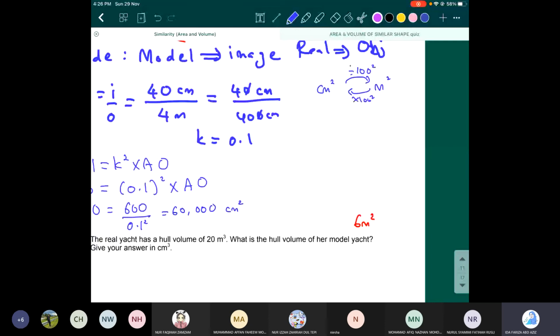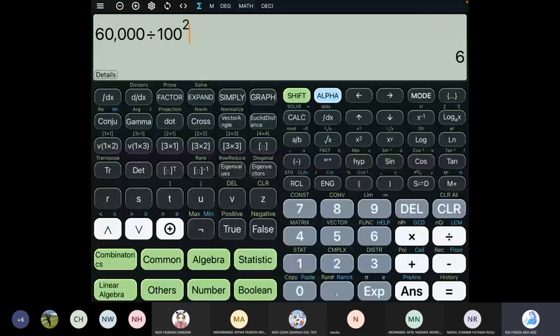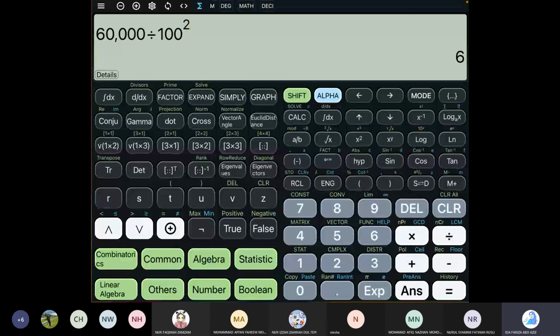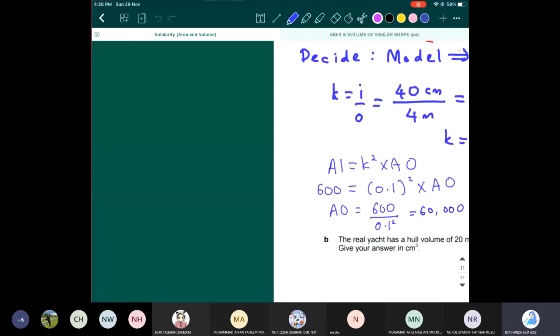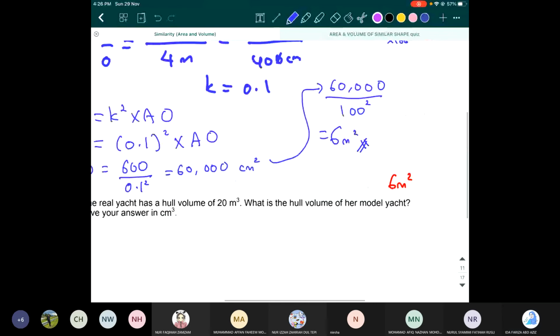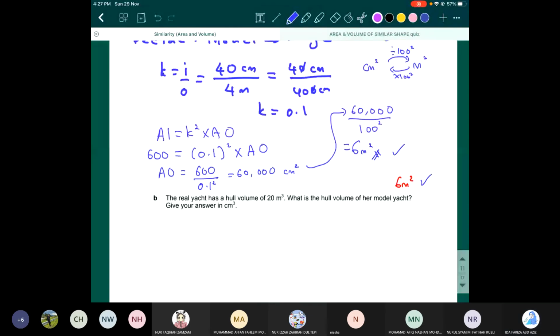So try sekarang, kita sambung 60,000 divides 100 square. Dapat tak? I got it in my calculator. It show here 6 is the answer. So dapatlah 6 meter square. Sama dengan jawapan. Ya. Okey, baru siap soalan A.